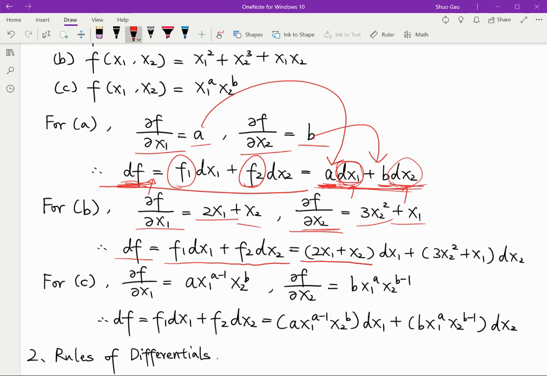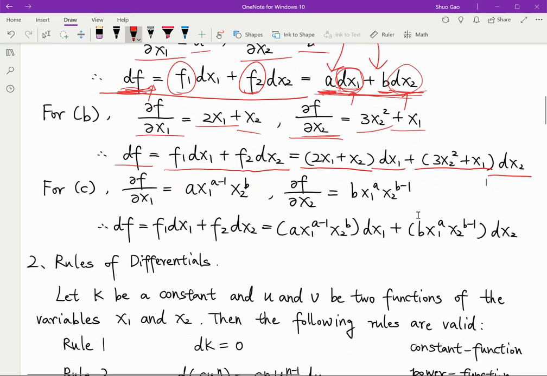So this is to plug in the partial derivative, and then times dx1, and then plus the second partial derivative times dx2, right? So from this function, I can see that df, the total differential of f, is still a function of x1 and x2.